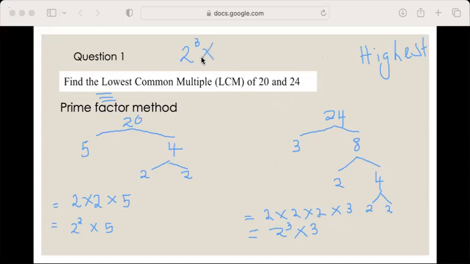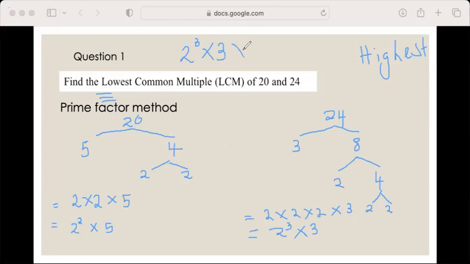Next, 3 is a factor of 24, but 3 is not a factor of 20. So for 24, it is 3 to the power of 1, or just 3. Here there is no 3. So the highest of the factor 3 is just one 3.